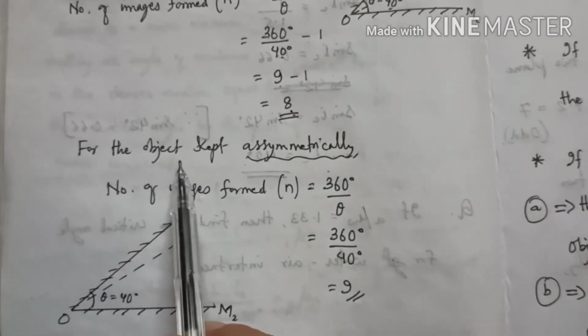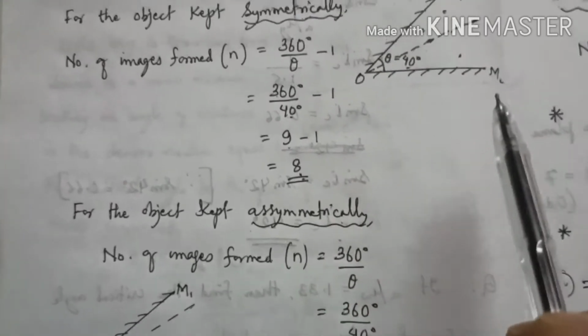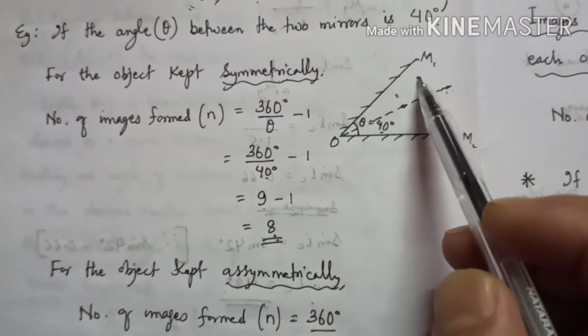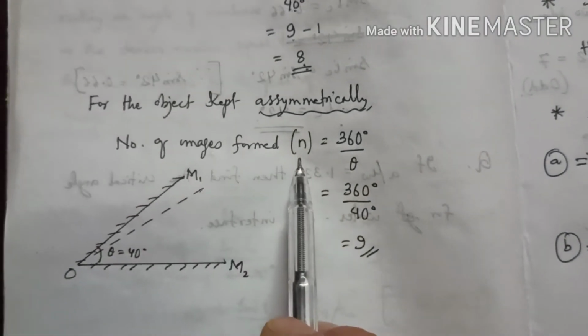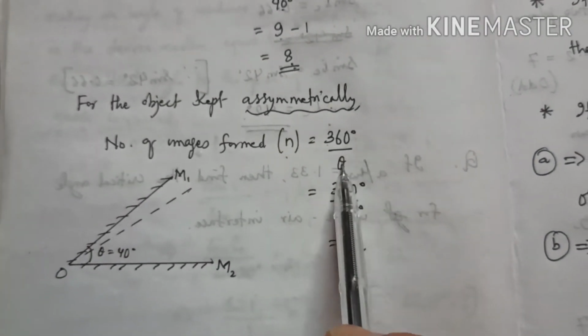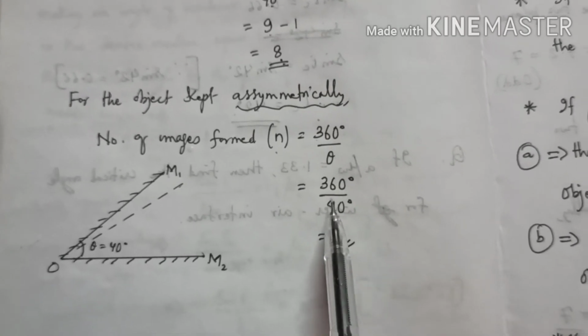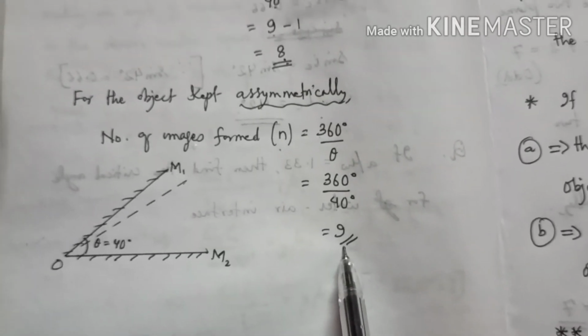But if the object is kept asymmetrically, let's say the object is kept here or here or here, then in that case the number of images formed according to the formula will be 360 by theta. So 360 by 40 degree, you get 9.